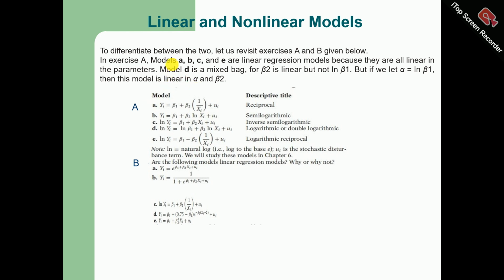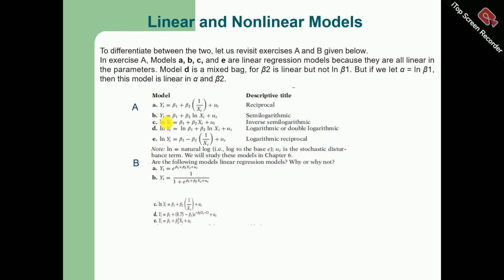In exercise A, models A, B, C and E are linear. This is linear, B is linear, C is linear, E is linear, because all these models are linear in the parameters.